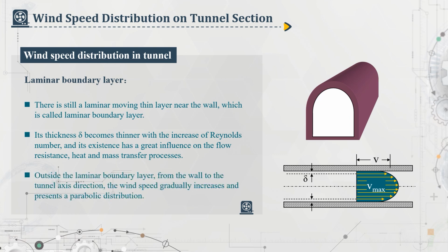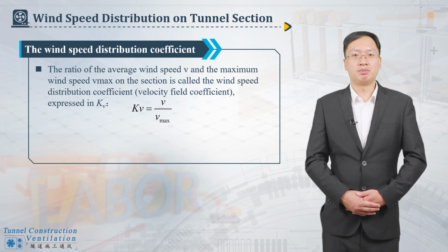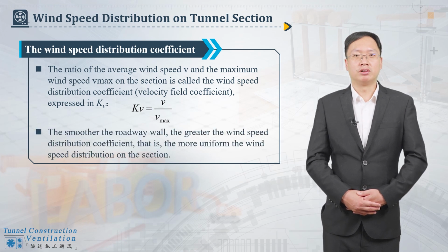Outside the laminar boundary layer, from the wall to the tunnel axis direction, the wind speed gradually increases and presents a parabolic distribution. The ratio of the average wind speed V and maximum wind speed Vmax on the section is called the wind speed distribution coefficient, expressed as Kv. The smaller the roadway wall roughness, the greater the wind speed distribution coefficient, that is, the more uniform the wind speed distribution on the section.